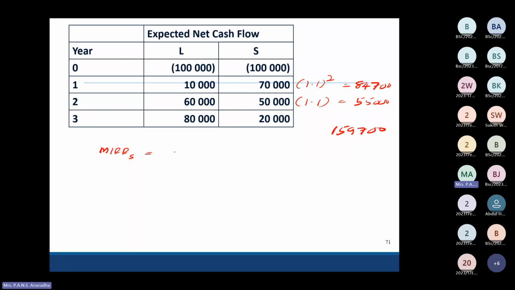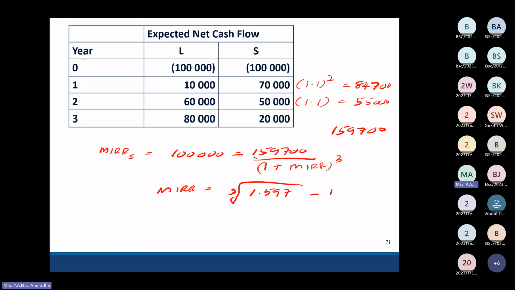The cost of the project is 100,000, equal to 159,700, the terminal year value, divided by (1 plus MIRR) to the power 3. So you have to solve this. 159,700 divided by 100,000 is 1.597, cube root minus 1 is equal to the MIRR.